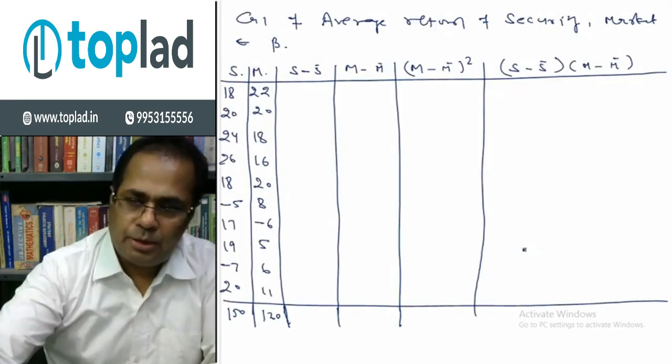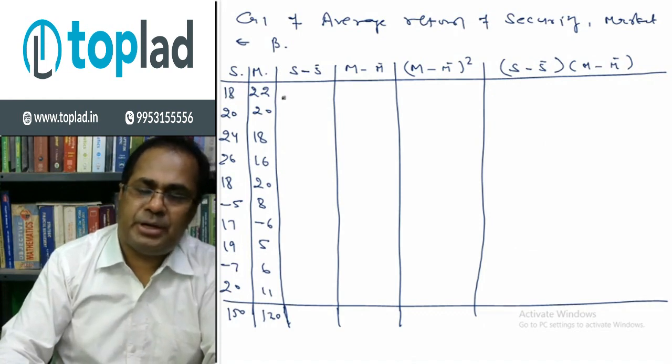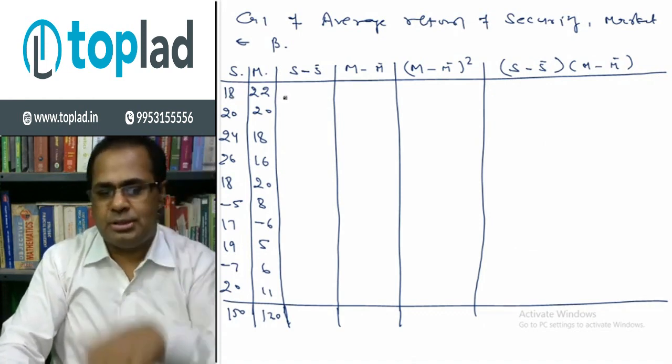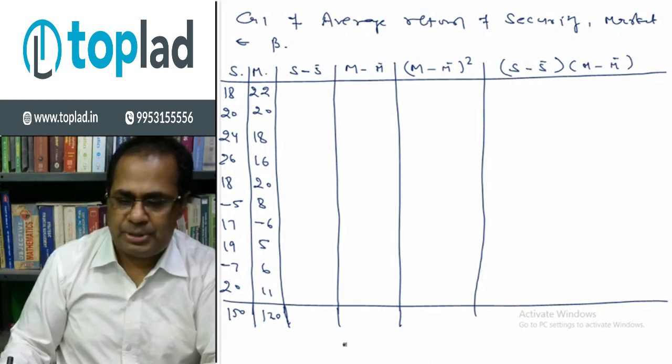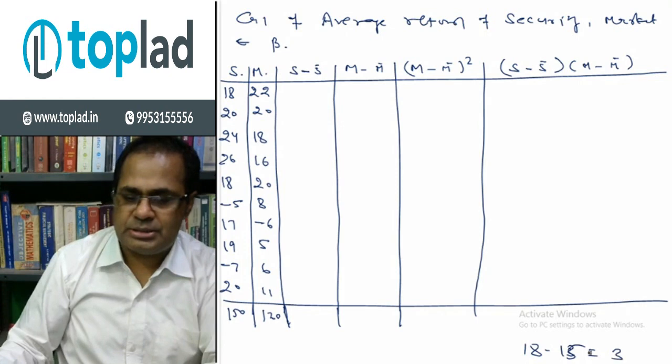Okay, now S minus S bar. 18 minus 15, this is 3. 20 minus 15, this is 5. 24 minus 15, this is 9. 26 minus 15, this is 11. 18 minus 15, this is 3.